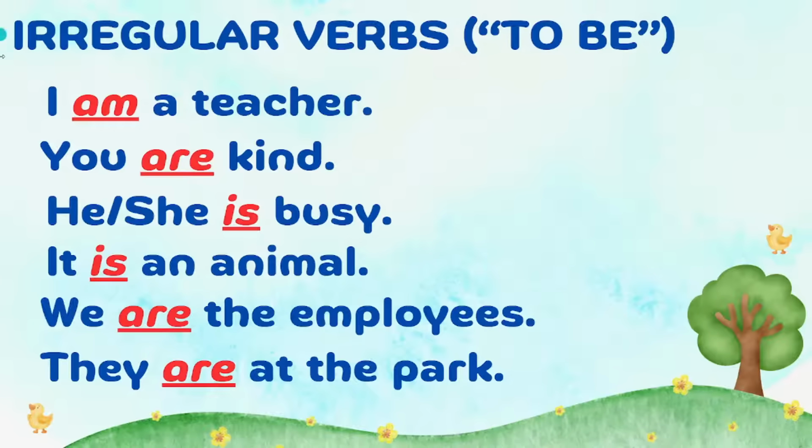So, I. Remember that for be verbs, or to be, there are only three to remember: am, are, and is. Don't be confused, everyone.